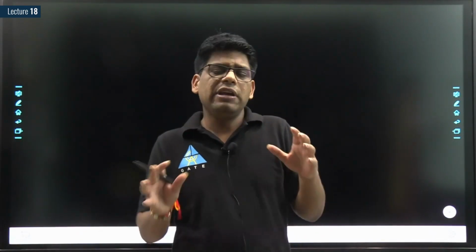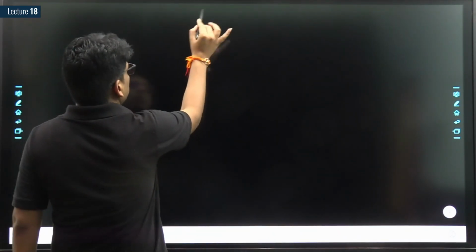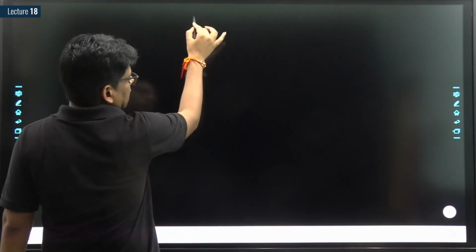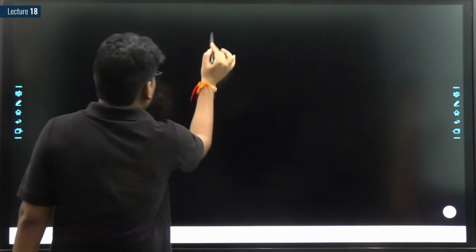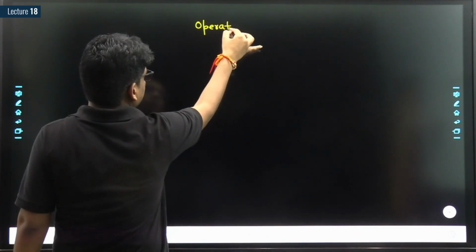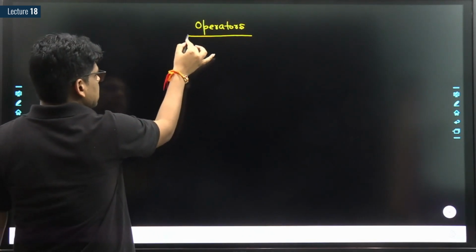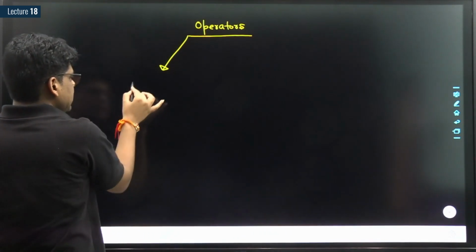That means if we have some operator, we can categorize it in one of three categories. How are operators in C programming language categorized? There are three categories.